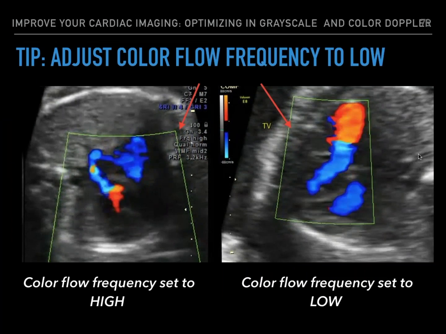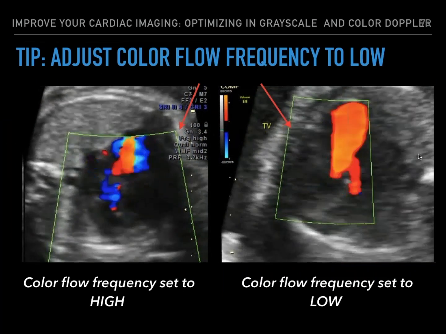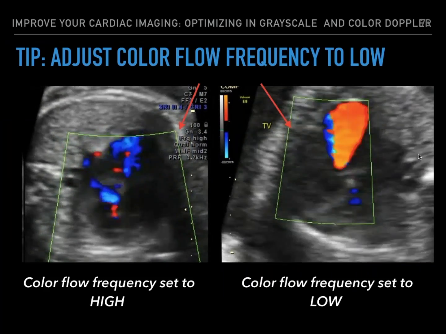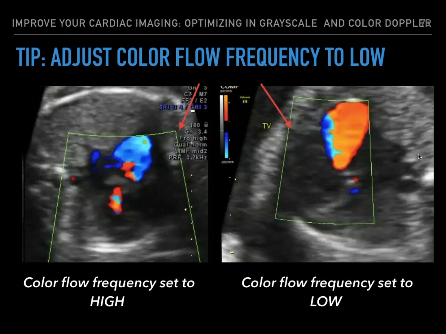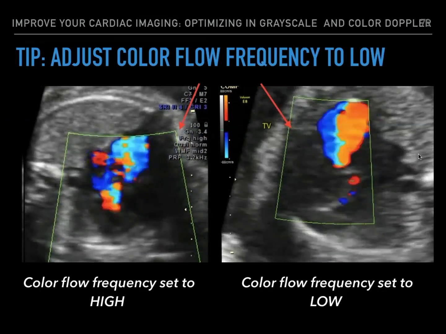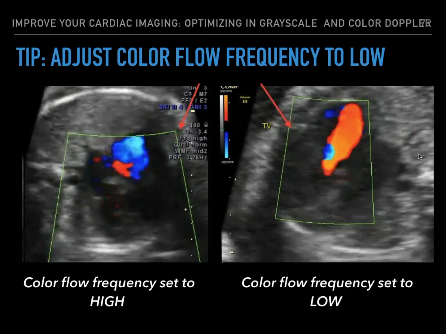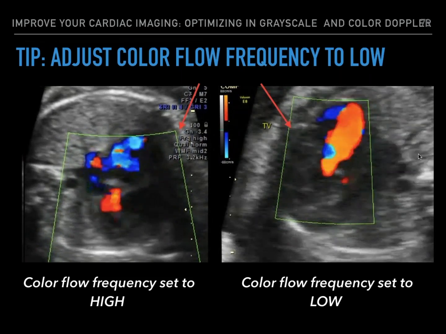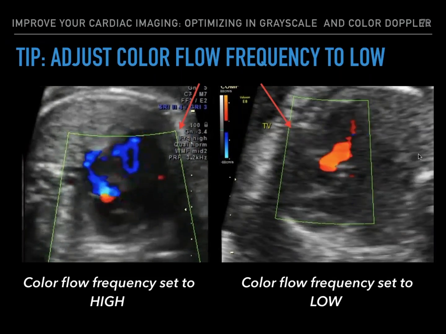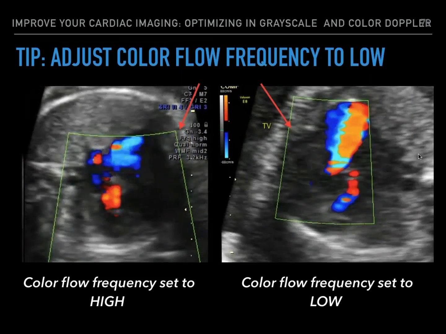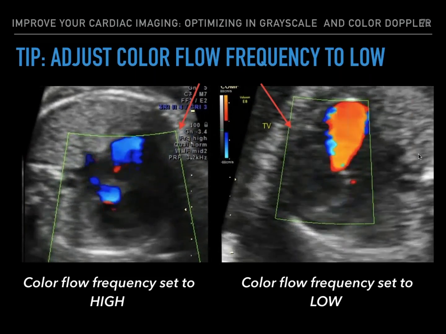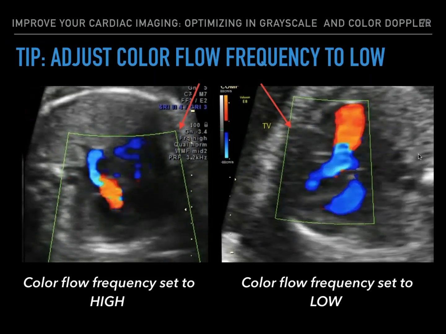Here is a before image with color flow frequency set to high, which is the initial image, and then after making these manual adjustments on your color flow submenu, it was set to low. And here you could display and confirm the diagnosis of severe tricuspid regurgitation. That's an excellent tip to think about when scanning your obese patients with color Doppler.